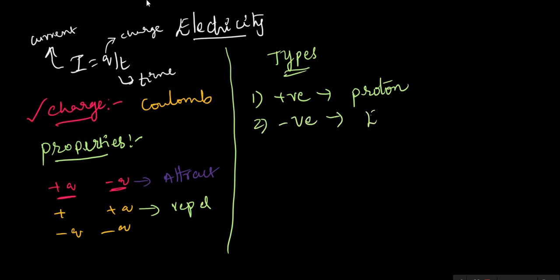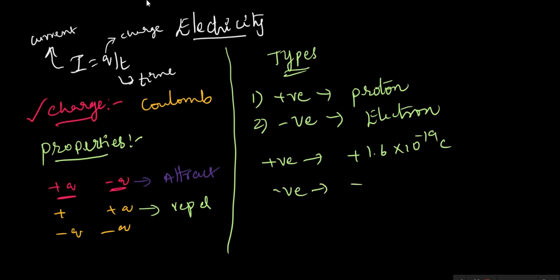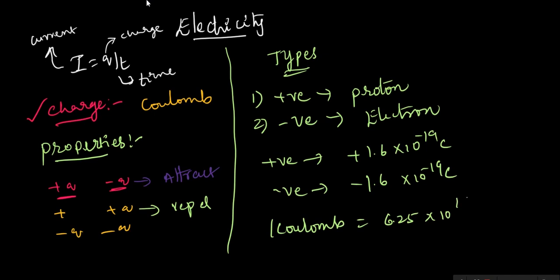The charge of a proton is plus 1.6 into 10 power minus 19 coulomb, whereas the charge of the electron is minus 1.6 into 10 power minus 19 coulomb. 1 coulomb of charge is equal to 6.25 into 10 power 18 electrons.